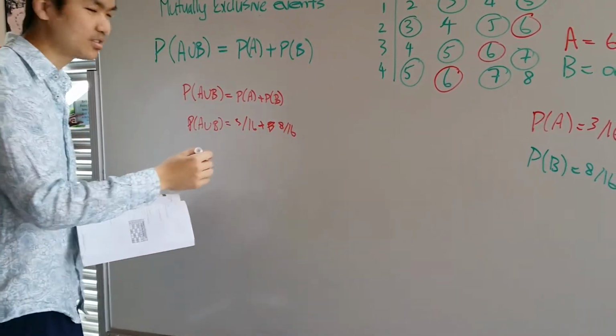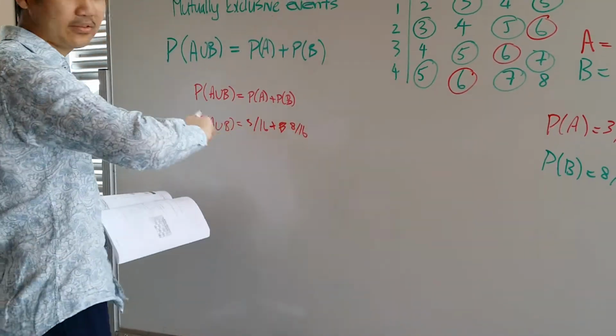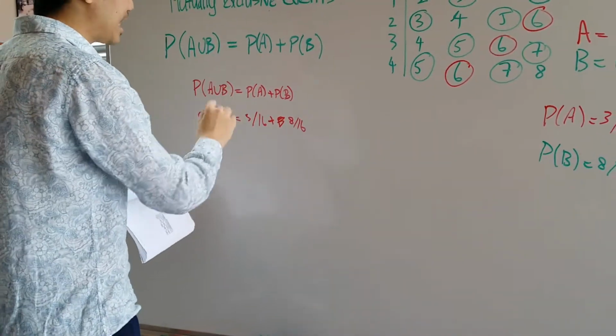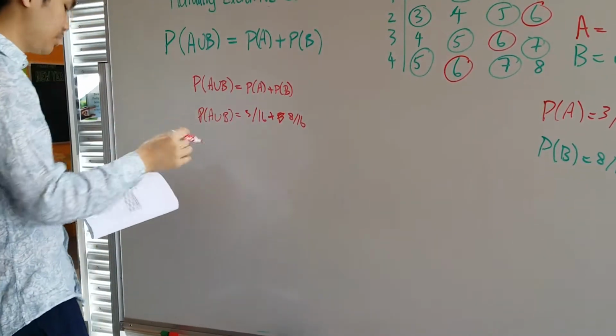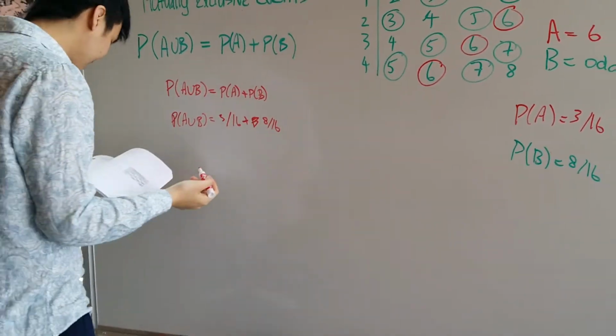Since we have the same common denominator, all we have to do is add the top numbers. What's 3 plus 8? 3 plus 8 is 11.